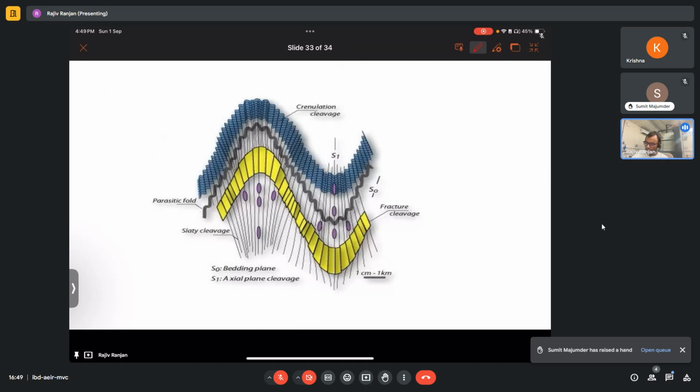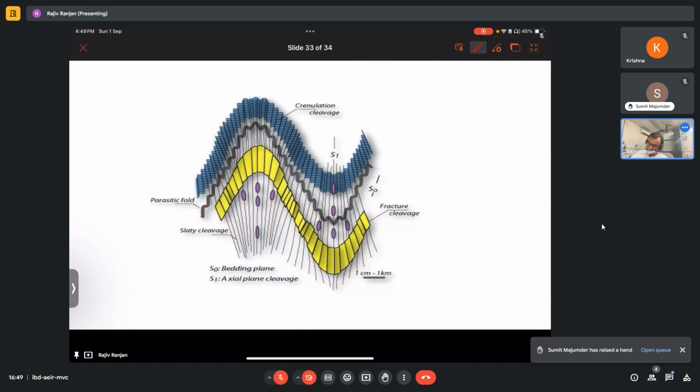So if you see here, these are the crenulations. These are the parasitic second order folds because of the larger fold. And if you follow these slaty cleavages, there is some refraction.